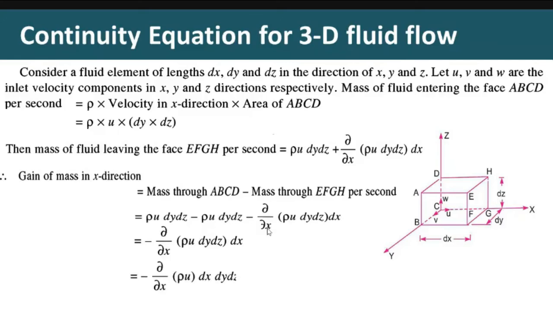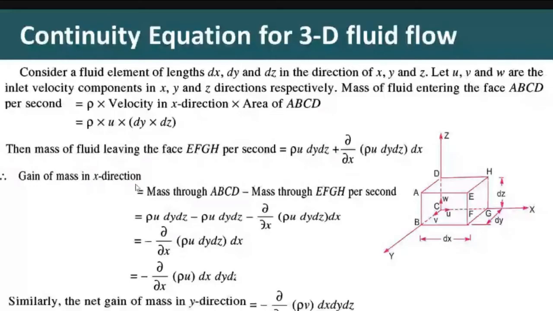So we will have minus ∂/∂x of ρu dx dy dz. We can take rho constant only when it is incompressible flow. If it is compressible flow, rho does not remain constant. So we have not taken it outside here. So it is minus of ∂/∂x of ρu dx dy dz. So this is the gain of mass in x direction.